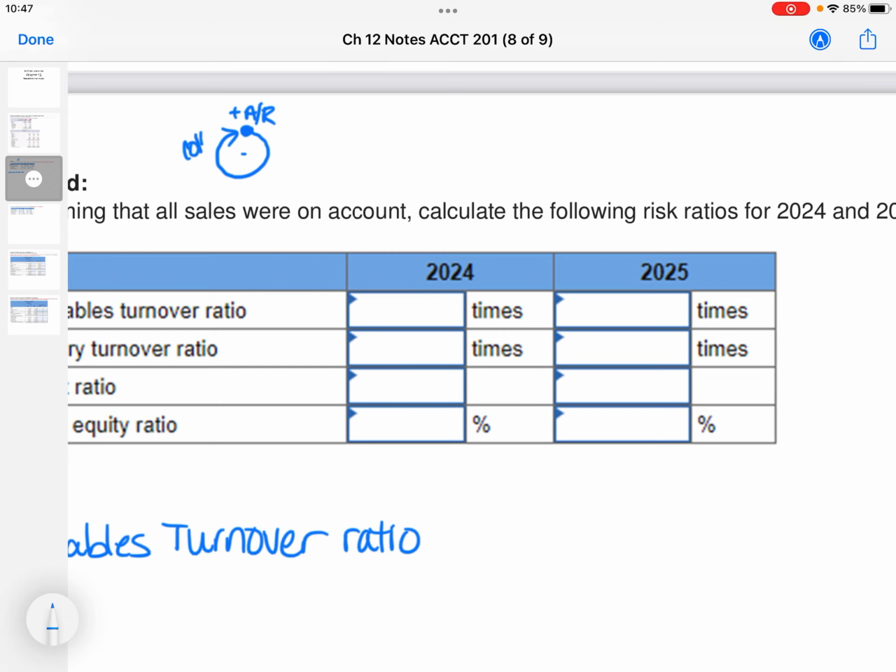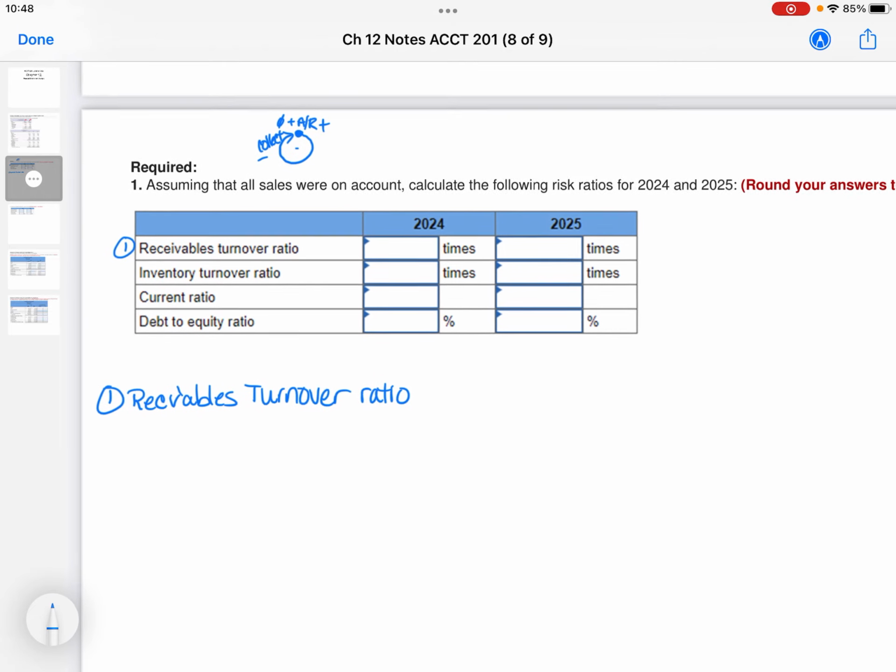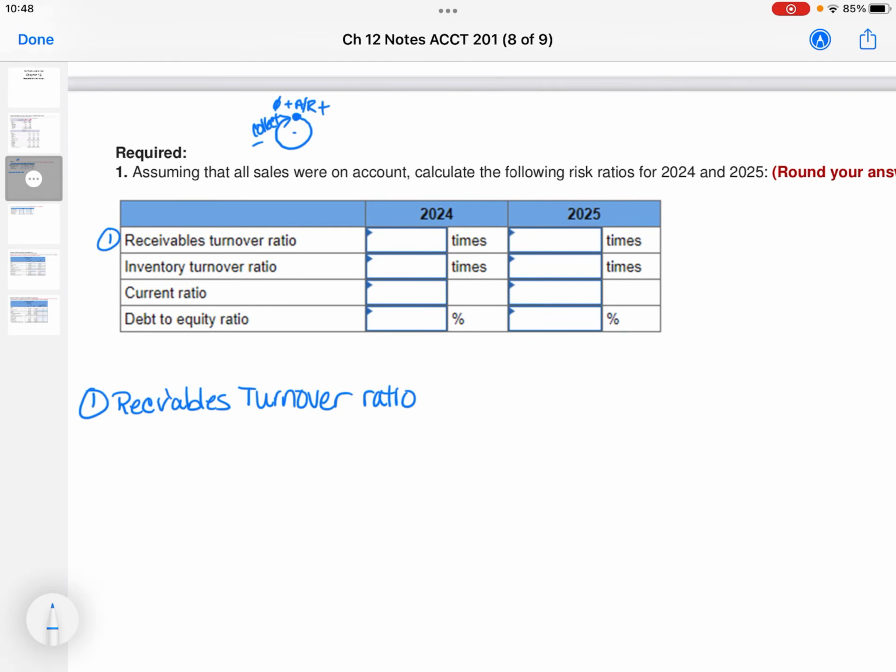So at some point, the turnover basically goes from increasing the account to collecting the account to 0. That would be the turnover. So what we want to see is this turnover happen many times throughout the year. That would tell us that we're collecting our accounts receivable many times throughout the year, right?